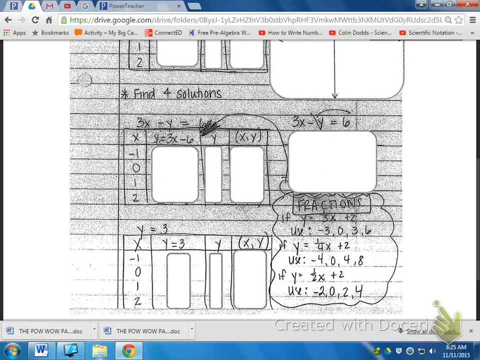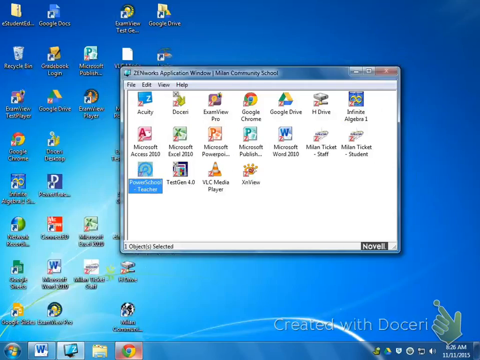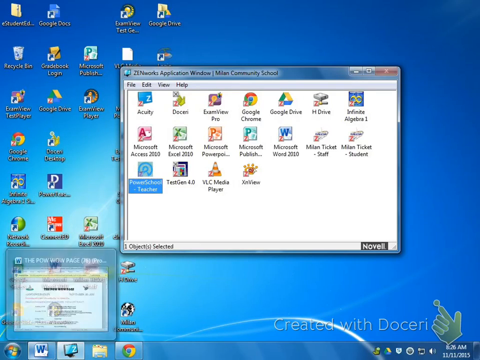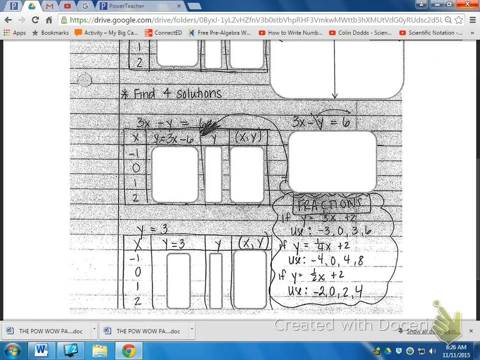This last table, the linear function is y equals 3. That's all there is to it. There's no x. Makes you kind of wonder what it's going to look like. But let's see what would happen. You set it up exactly the same: x is negative 1, 0, 1, 2.